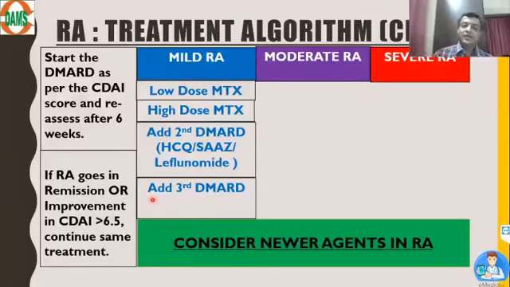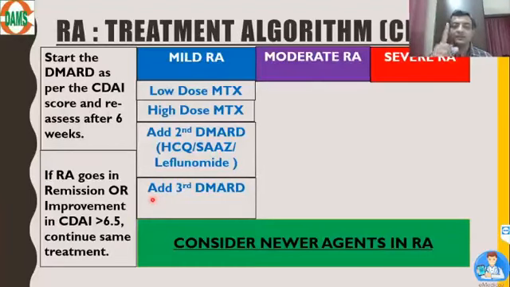So first we have to classify. After confirming the diagnosis of RA based on the CDAI score, you will classify the patients of RA into mild, moderate and severe. If the patient has mild RA, you will start the patient on a single DMARD, that is methotrexate. First start with low dose.